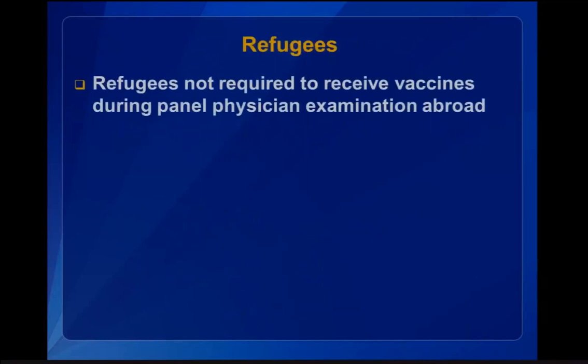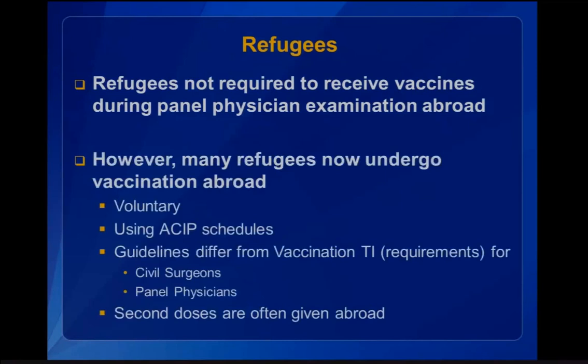Refugees, when they get their panel physician exam overseas, they're not required to get vaccines. The immigrants are required to get vaccines overseas. But many refugees are now receiving vaccines. This is voluntary, but the vast majority, and I mean really the vast majority, it's high in the 90s, get vaccinated.